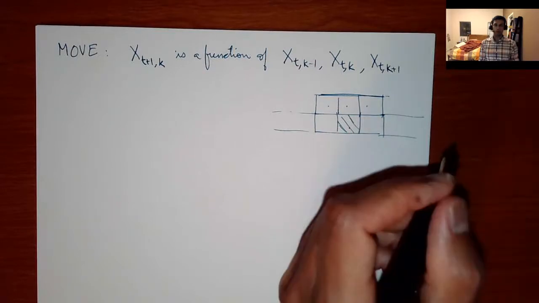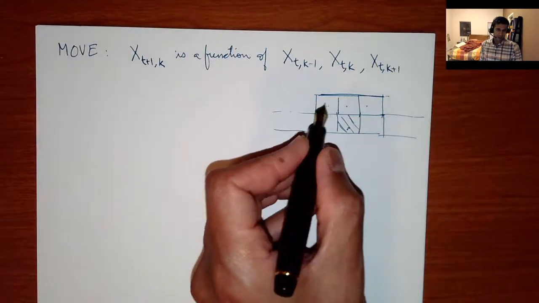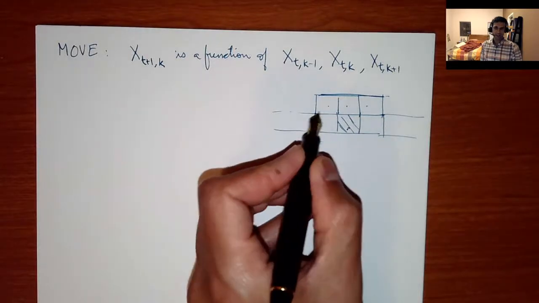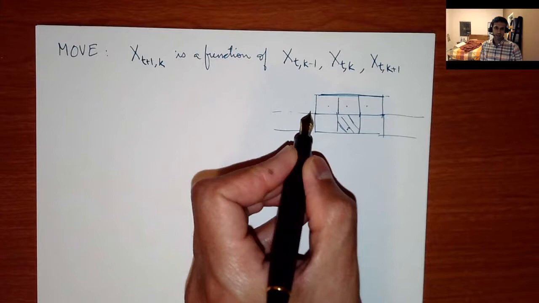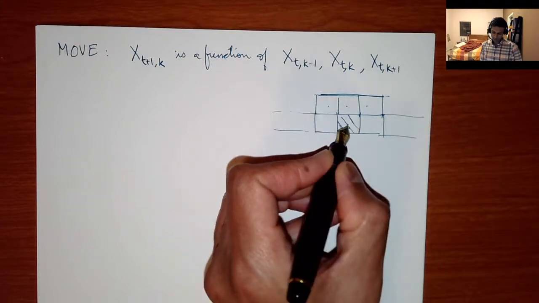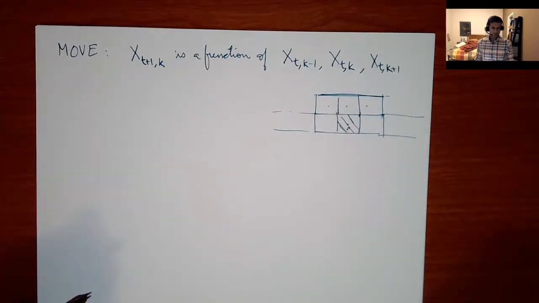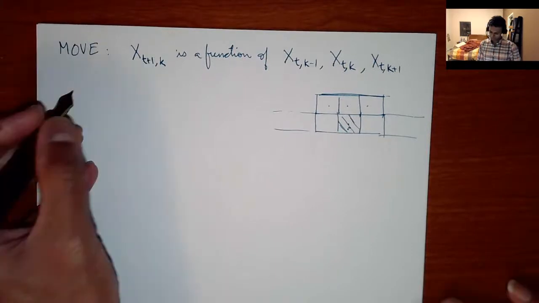So what could happen here? If the head is not in any of these, then this x t plus 1 k is the same as x t k. So I'm just going to write this out, and then you'll see that it's possible to encode this using these.